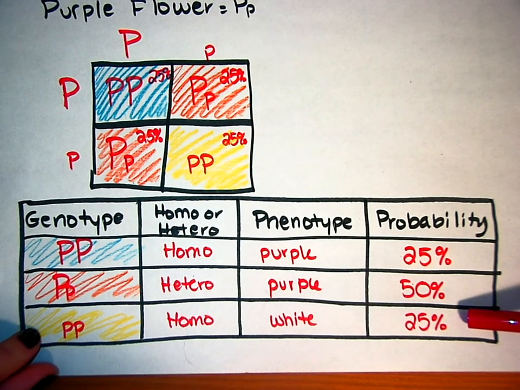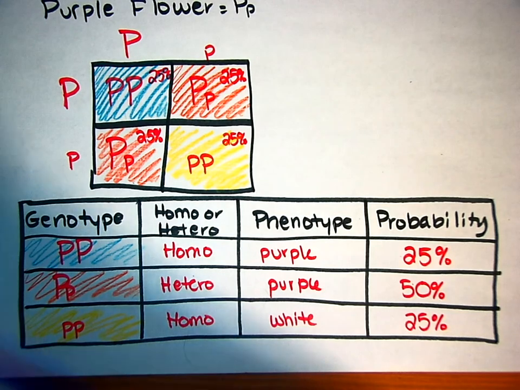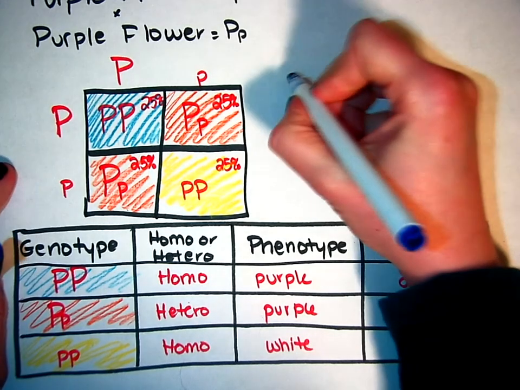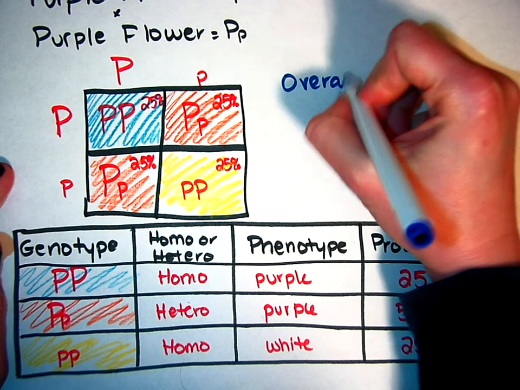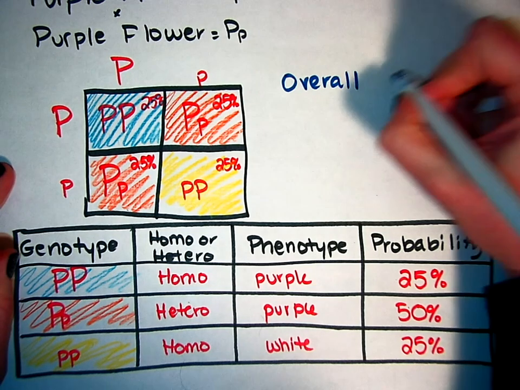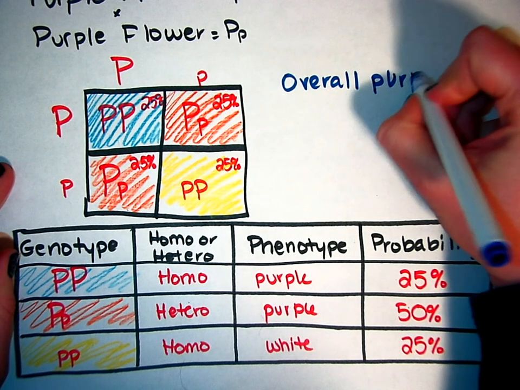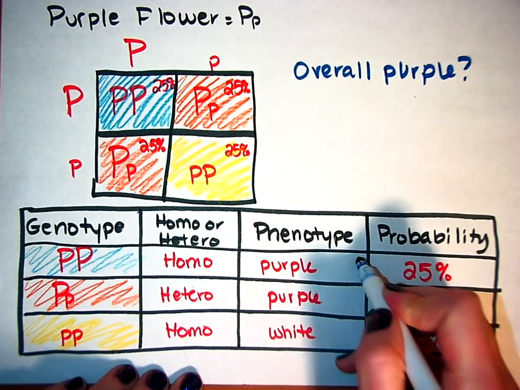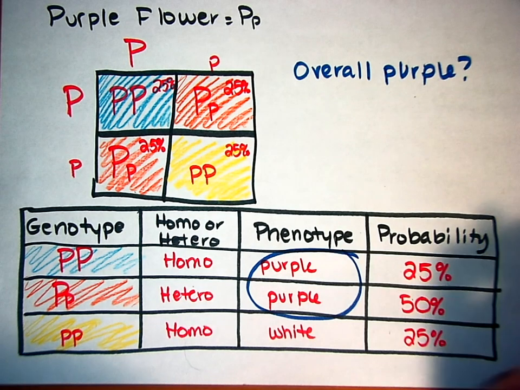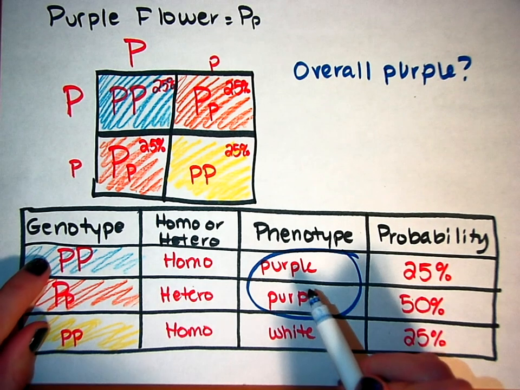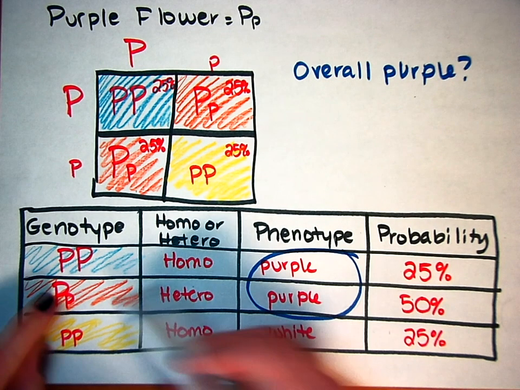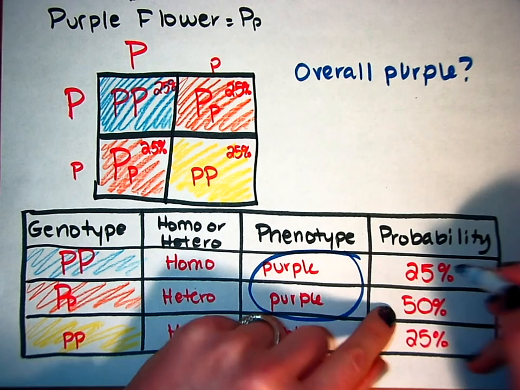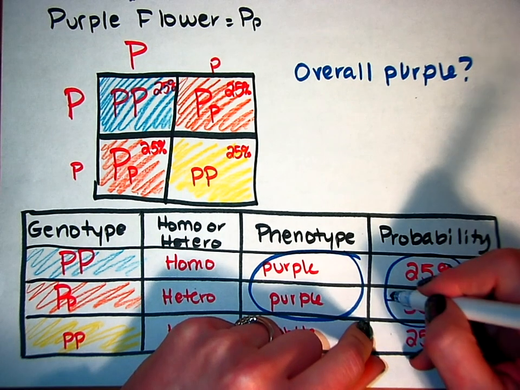But I might ask, what is the overall chance of getting a purple flower? Well, I'm going to have to look at both options that could give me purple flowers. Since both of these genotypes, big P, big P and big P, little p, will give me a purple flower, I'm going to have to add these two together.